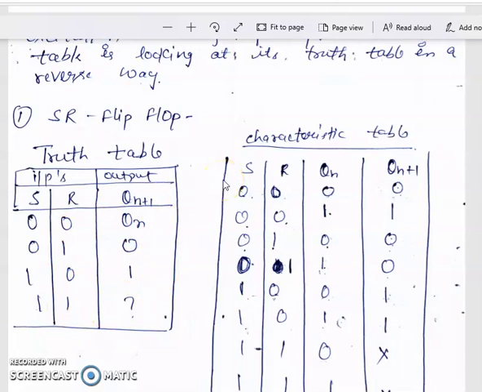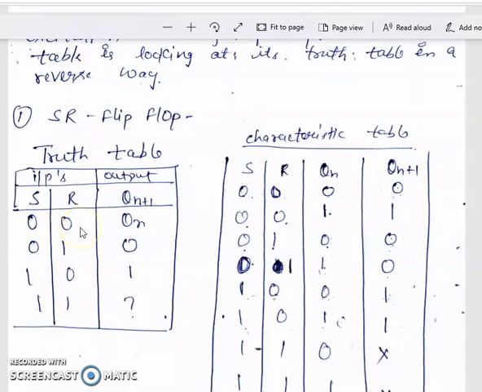We are also familiar with this characteristic table. Its contents are S, R, Qn and Qn plus 1. Because Qn is the present state of any flip-flop, it may be set or reset, that is 1 or 0. So for each combination we have two present states.